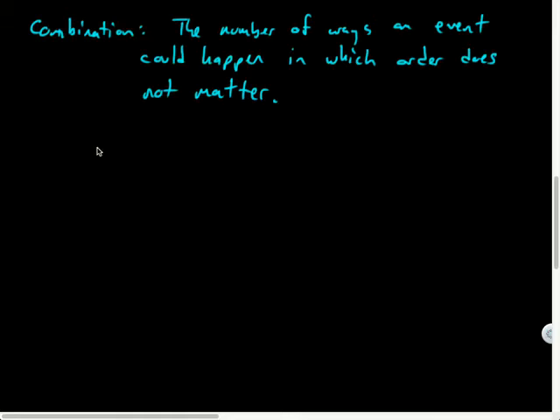So let's see if we can think of some examples on the spot of combination type examples where order doesn't matter. Selecting a team with no positions or captains, or a group maybe.